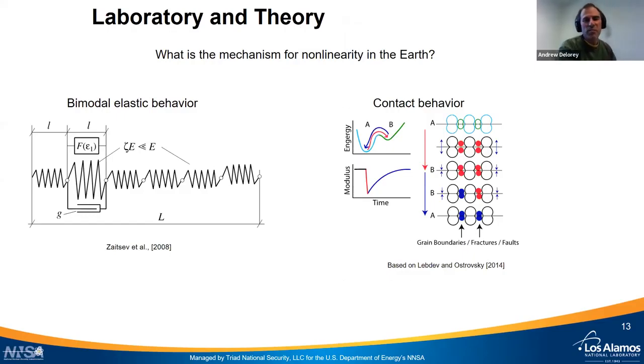So what is the mechanism for nonlinearity in the Earth? Well, there are different ways, different ideas or different models. One, or a couple of them, is this bimodal elastic behavior, where you can model it as a series of springs where the contacts would have a different stiffness, usually softer than the grains themselves, sometimes with damping and things like that.